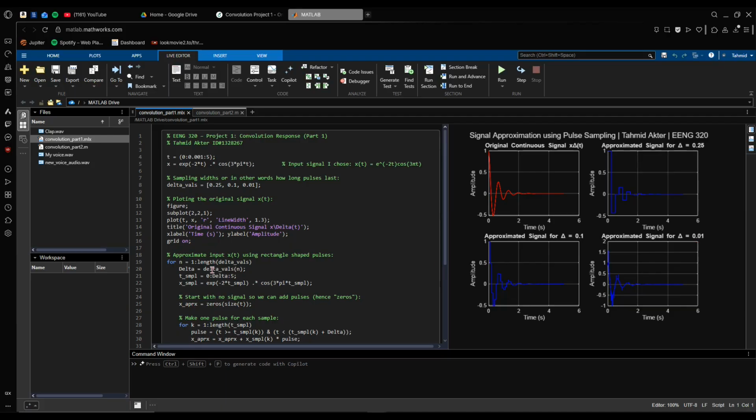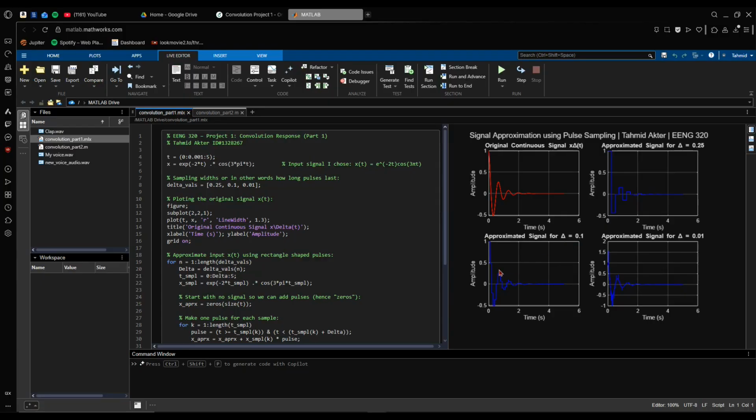Since the width is so large in the first, you can make out that they're blocks. They don't really look like our original function. But as we approach lower and lower delta, we see in the second one it's a little bit more accurate.